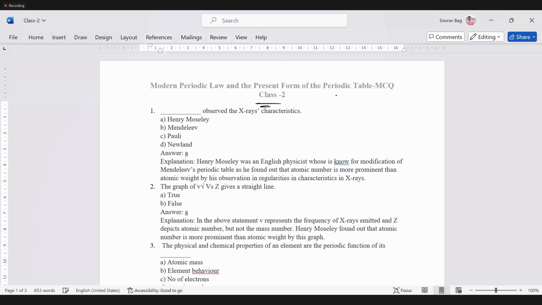Who discovered the X-ray characteristic? That was discovered by Henry Moseley. Second, the plot of this versus Z gives a straight line. That is true because the plot is there. In this X-ray plot, when we are talking about this, it gives a line like that.